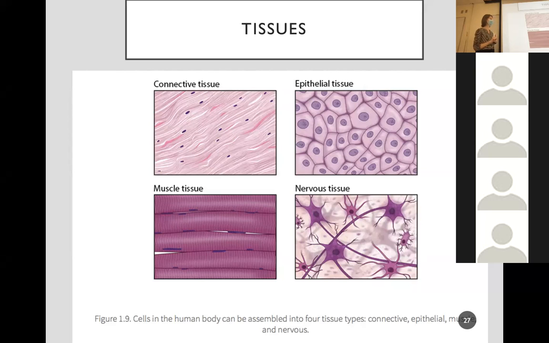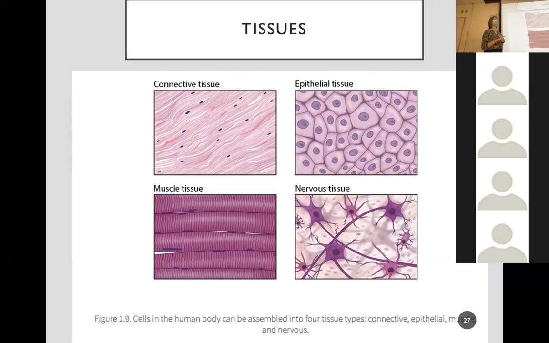There's a lot of detail and it can be kind of difficult, but for now, if you can commit these 4 tissue types to memory, you're doing good so far. There are many subcategories within these tissues that we'll talk about. But for now, just know these 4 types of tissues that make up the organs, that make up the organ systems, that make up the human body.